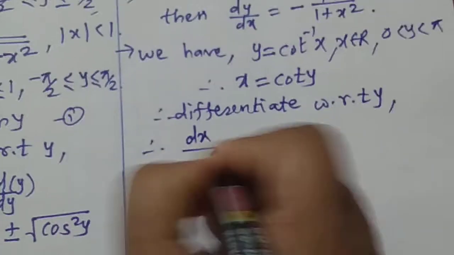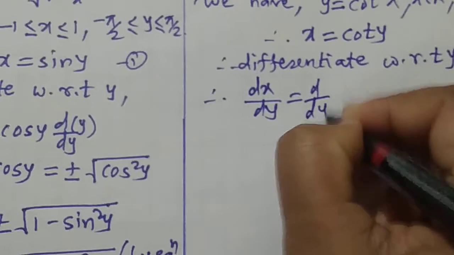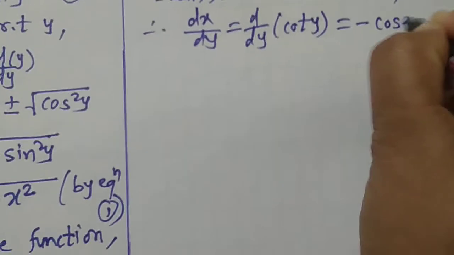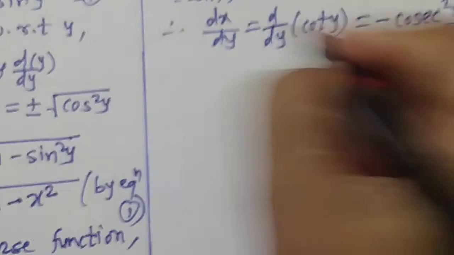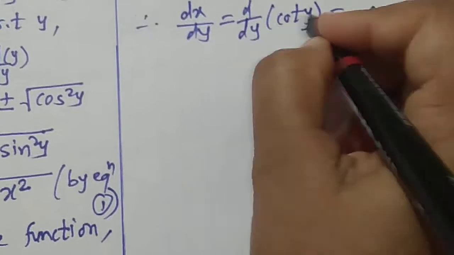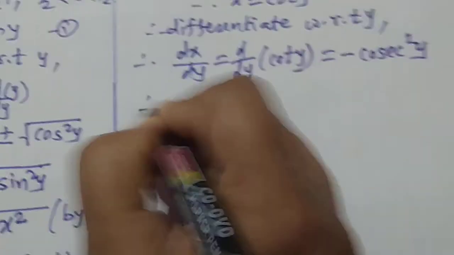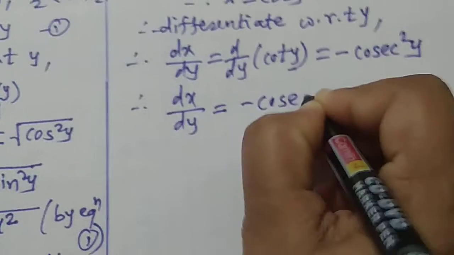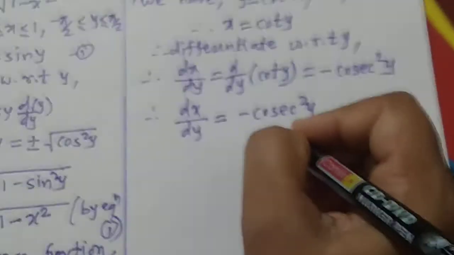Therefore dx upon dy is equal to d by dy of cot of y, and we know that the derivative of cot y is minus cosec square y, and the derivative of y with respect to y is 1. Therefore we will get minus cosec square y. Therefore dx upon dy is equal to minus cosec square y.